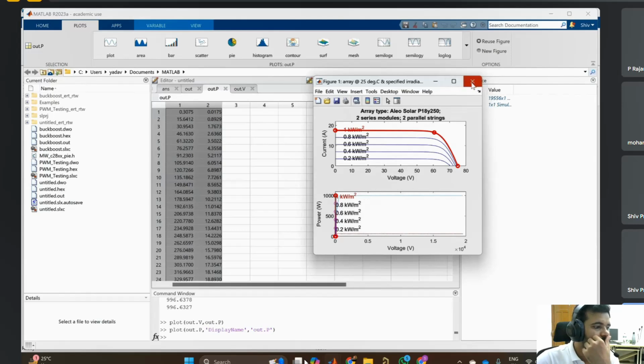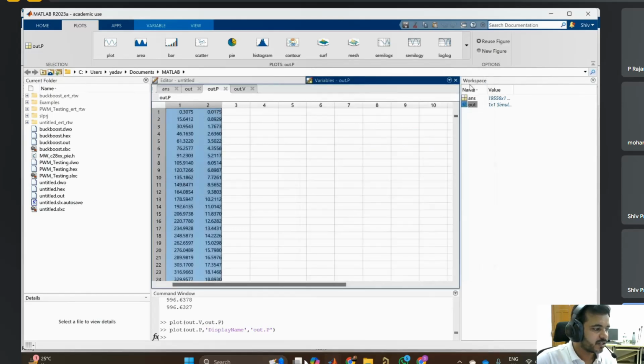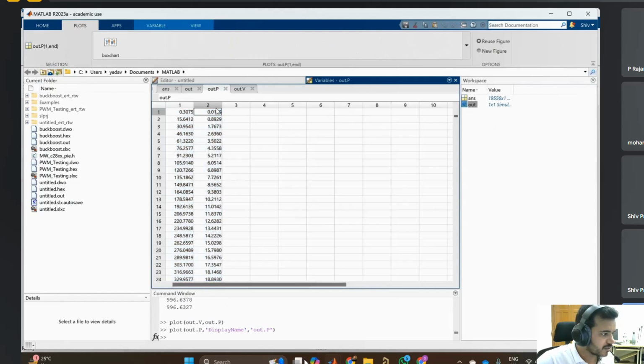Oh, it's plotted, but it's plotted to here. That's why it's not showing.